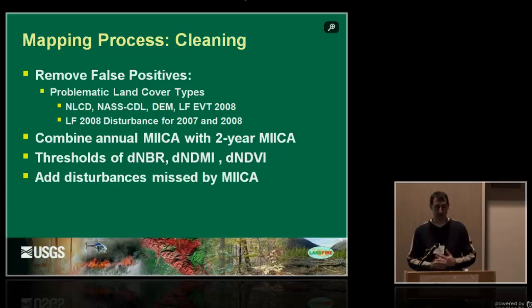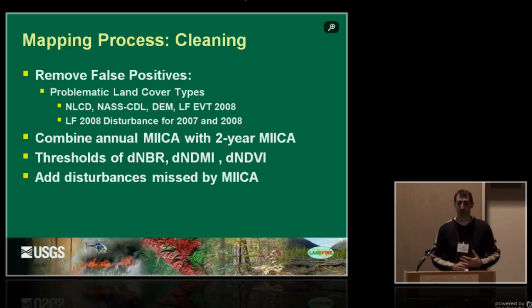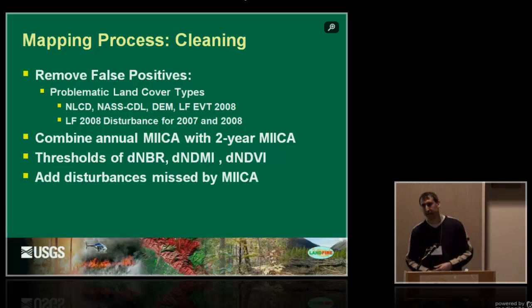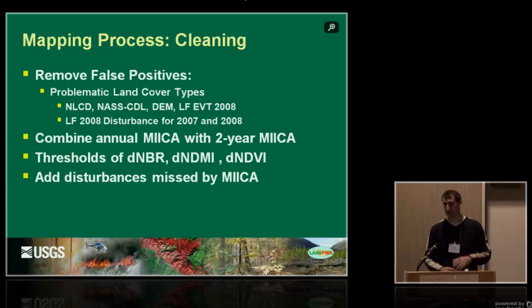We're also using thresholds of the vegetation indexes that are calculated during this process as well. And then the analyst also has the option to add areas of interest of disturbances that just aren't picked up, things like grass fires and shrubland fires that sometimes, because of the timing of the imagery, for whatever reason, are not picked up and flagged by the MICA process.